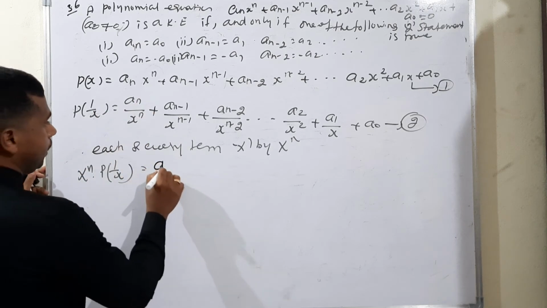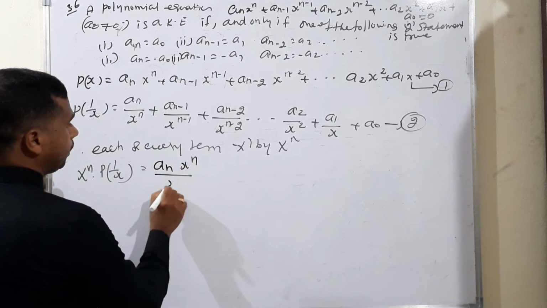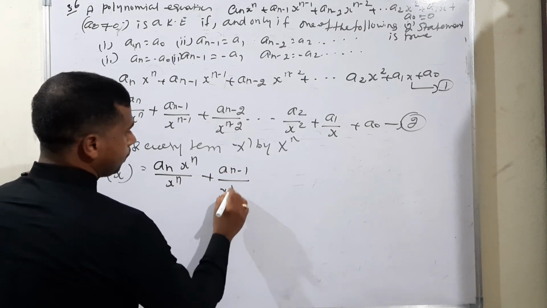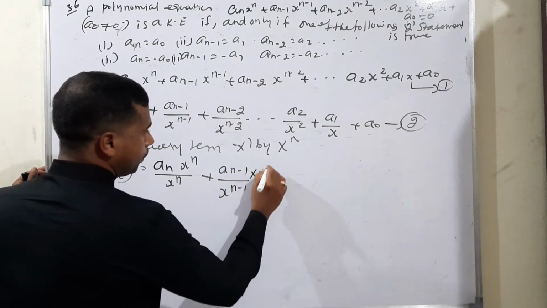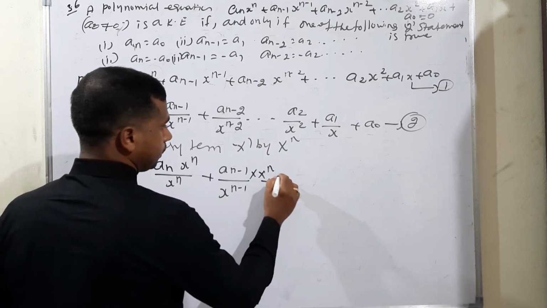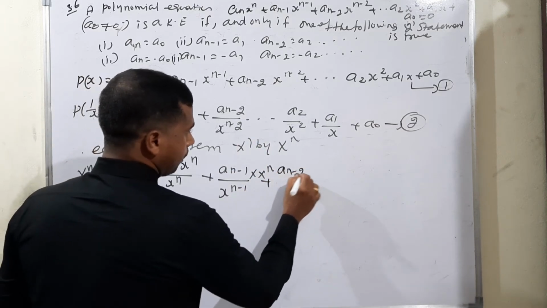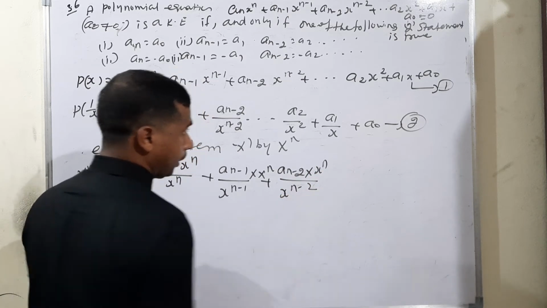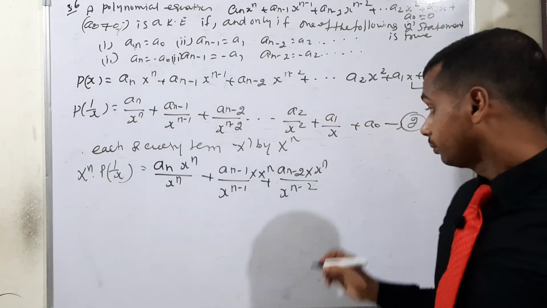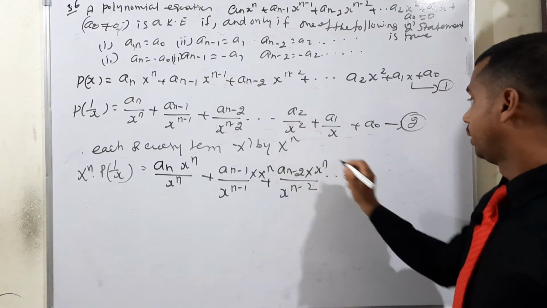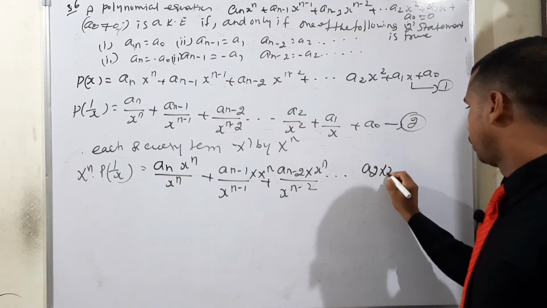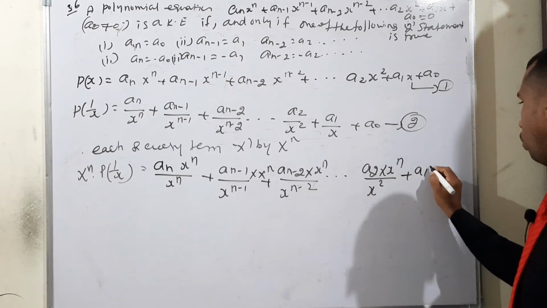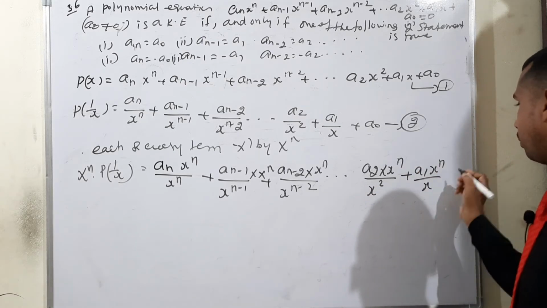an into x to the power n divided by x to the power n, plus an minus 1 divided by x to the power n minus 1 into x to the power n, plus an minus 2 into x to the power n divided by x to the power n minus 2, dot dot dot, here a2 into x to the power n divided by x square, plus a1 into x to the power n divided by x.